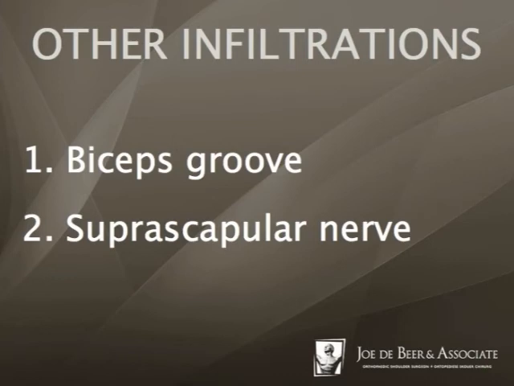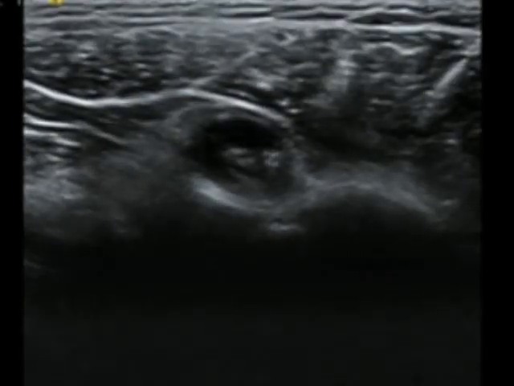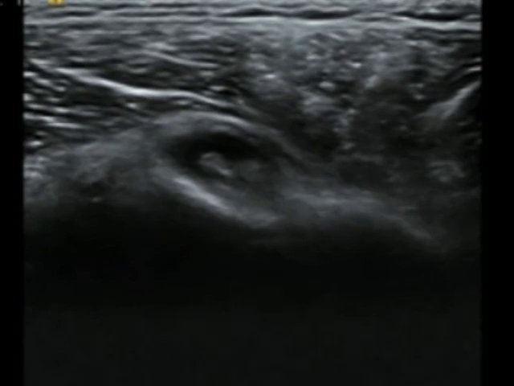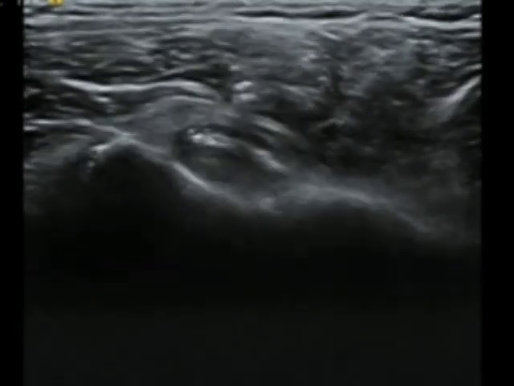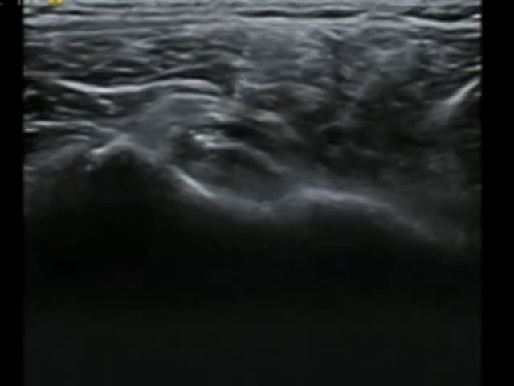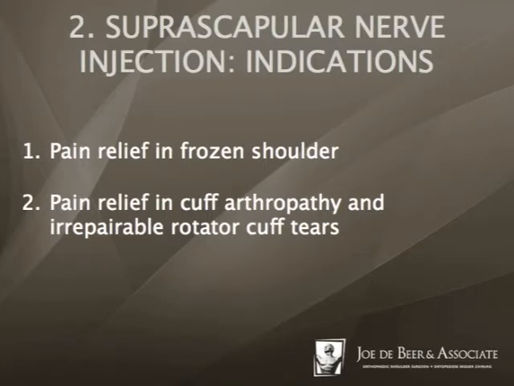The biceps groove has to be injected with ultrasound because any other method will be bound to failure, and this would confirm bicipital tendonitis and also be treating such tendonitis. Here one can see the needle going into the bicipital sheath just around the biceps tendon, and one can see the tip of the needle there, and the biceps tendon inside the sheath.